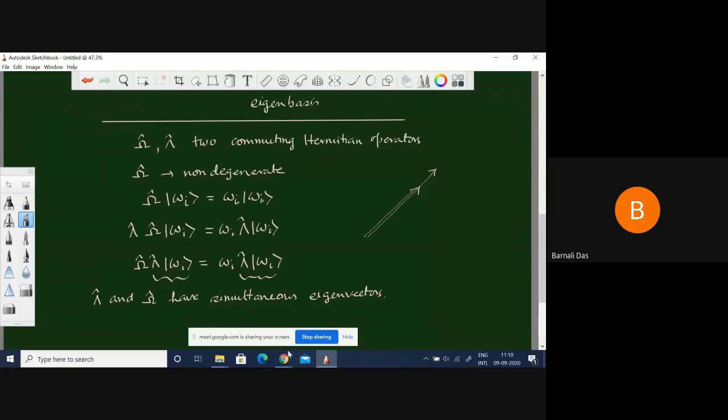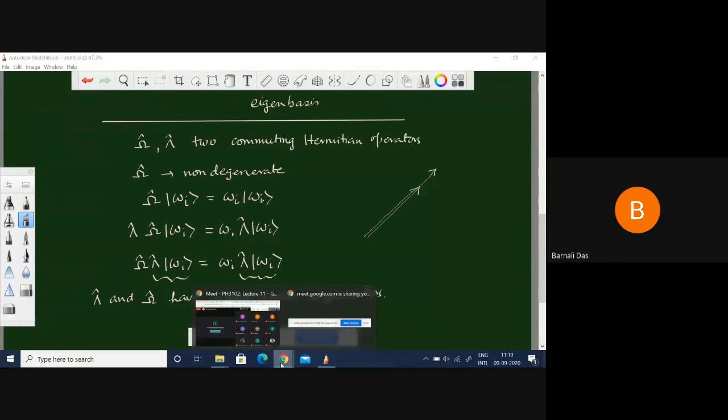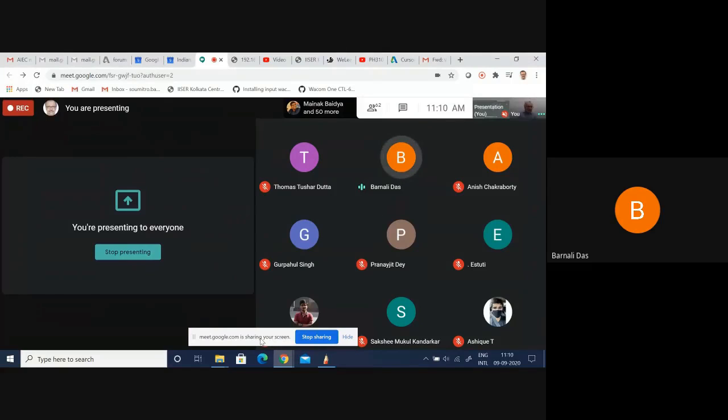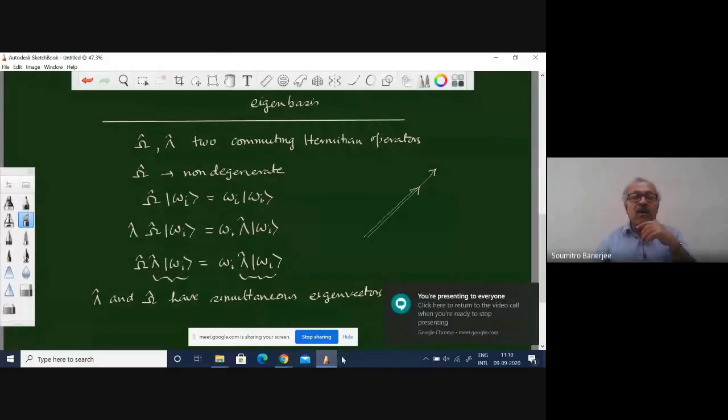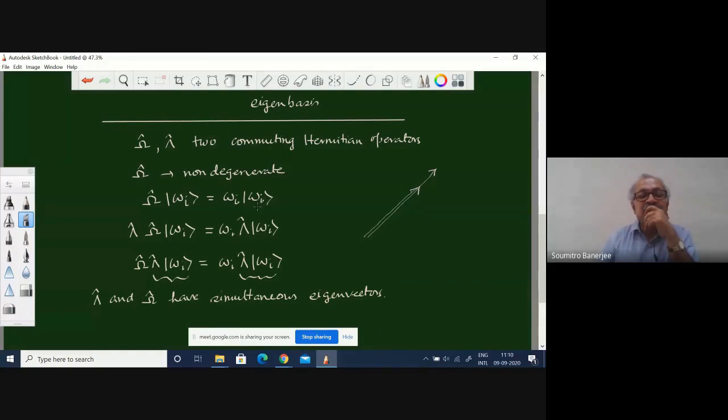So why is omega non-degenerate? What is the role of that? Oh, if omega is degenerate, then there would be two of these, that means the same eigenvalue with different eigenvectors.